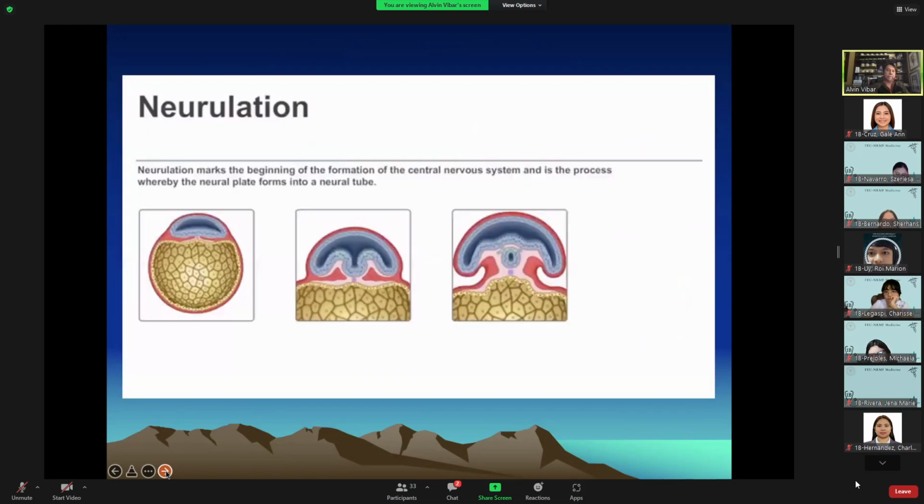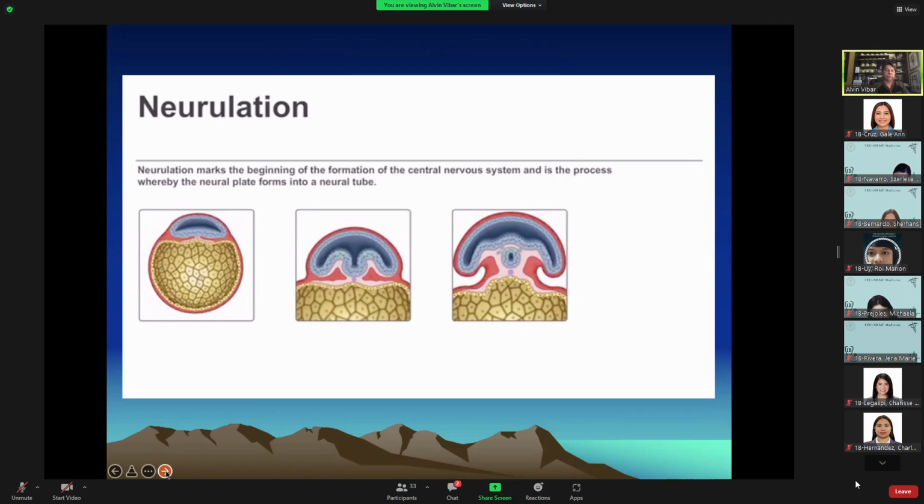Again, another picture showing you the neurulation. Here's the neural plate coming from ectoderm. The two parts, neural folds and neural groove, and the neural folds again will start to move and fuse together to convert it into a neural tube.